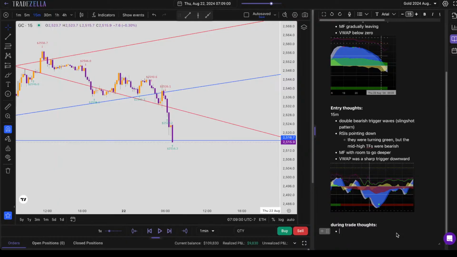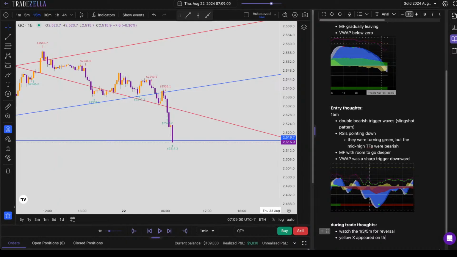So during the trade, the thoughts were, whoa, excitement, because she was dumping. Thoughts were watch the 1-3-5 minute for a reversal. What did we notice? Oh, we noticed a yellow X appeared on the 5 minute.